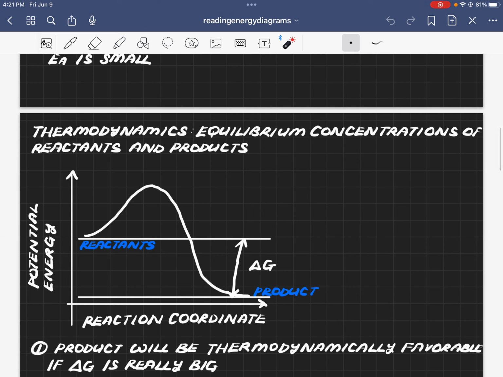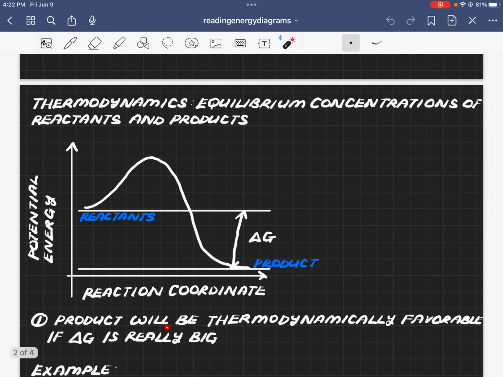On the other hand, we might want to determine the thermodynamically favorable product. And to do that, we look at the delta G, or Gibbs free energy, which is basically just the difference between the energy of the reactants and the energy of the products.